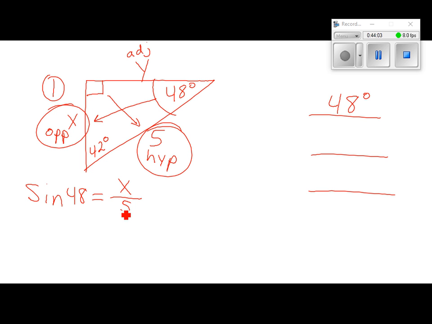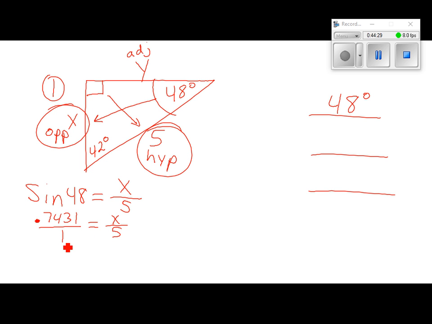So sine of 48 is what? 0.7431. Does everybody agree with that? Yeah. That equals x over 5 still, right? What do we put underneath this? 1, I believe.